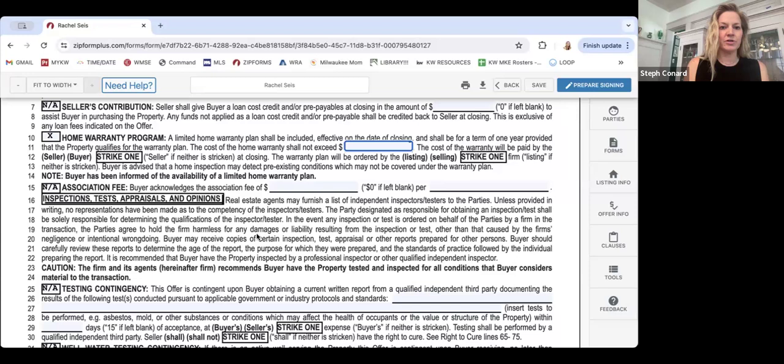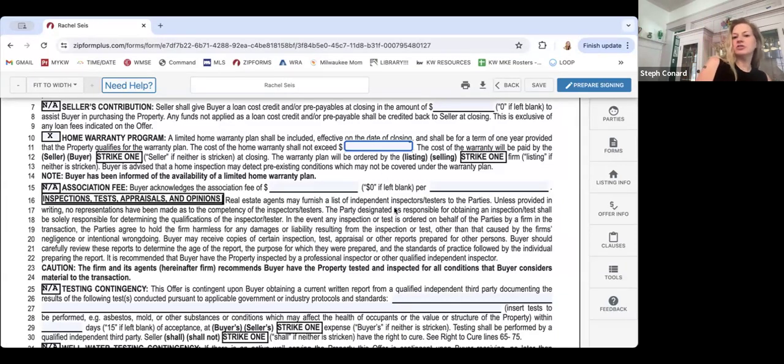But this is where you would address that. Again, I would say in practice, we see this come up and get negotiated after an inspection happens. So maybe it's discovered there are older mechanicals that are not necessarily defective, but for peace of mind, maybe that buyer wants to ask the seller to kick in a home warranty in case something happens to that furnace, in this example, after closing.